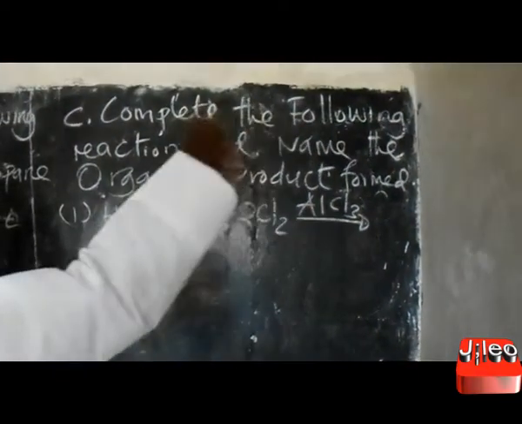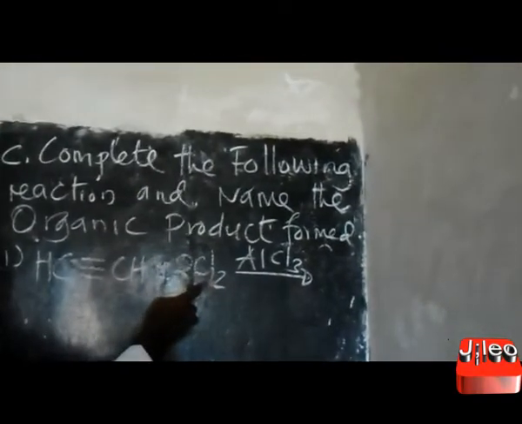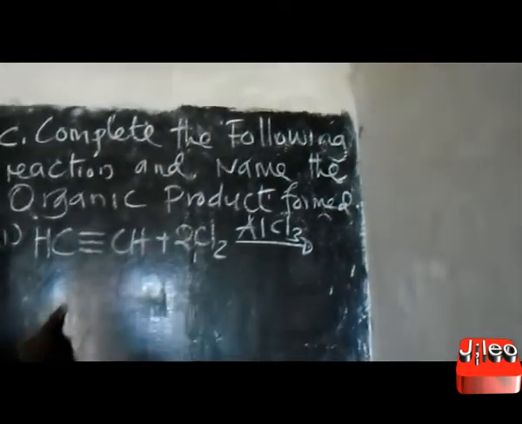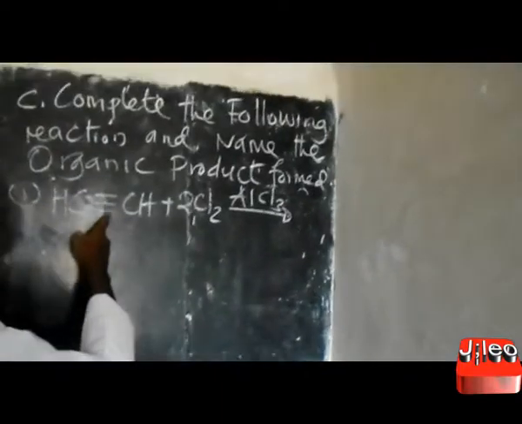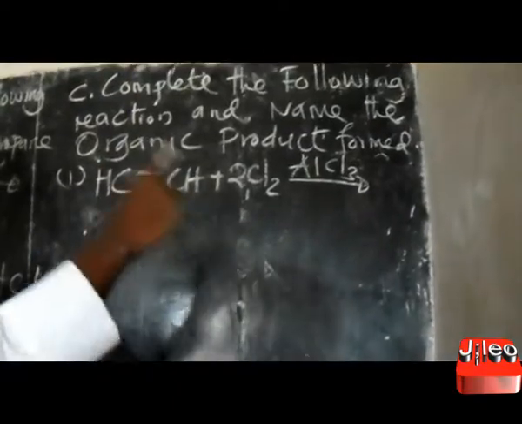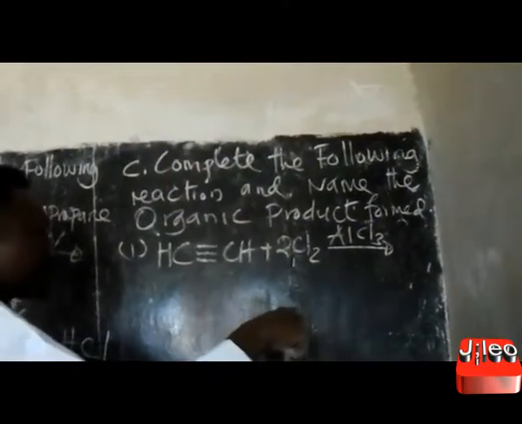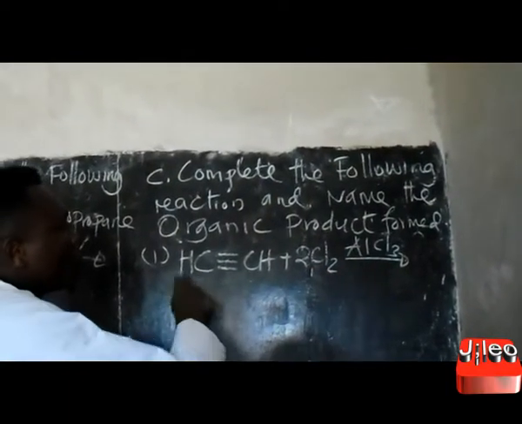Because we are not showing the mechanism, we are going directly. Once chlorine attacks a carbon, given that you have a triple bond, it must break a bond. Once one attacks the carbon, it breaks the bond, then comes to another carbon and breaks the next bond, up to the alkane.